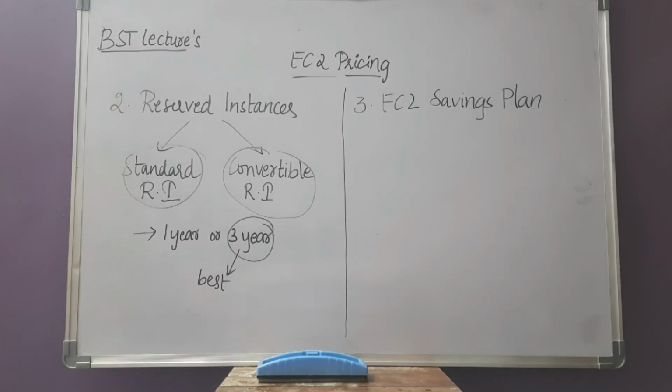Now let us see the standard reserved instances. These reserved instances are a good fit when you know the EC2 instance type and size. When you know the type and size of the EC2 instances, standard reserved instances are the best fit. What is meant by type and size?